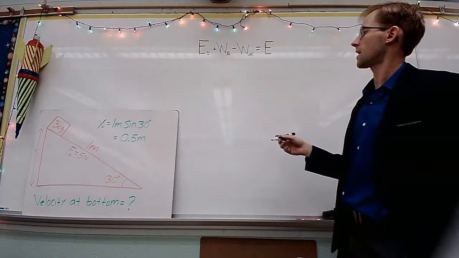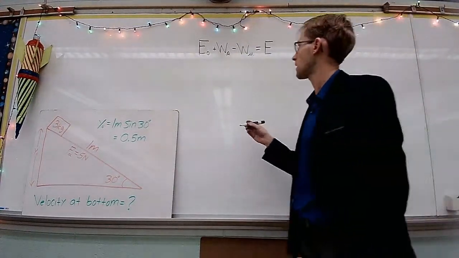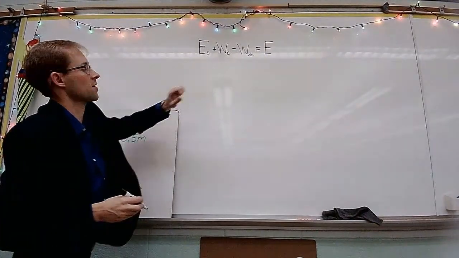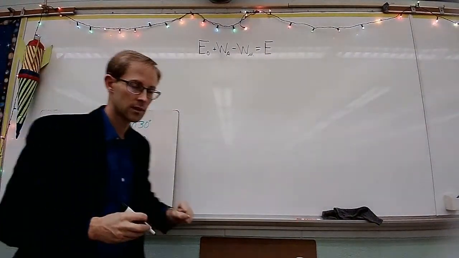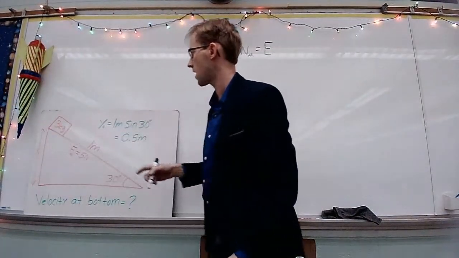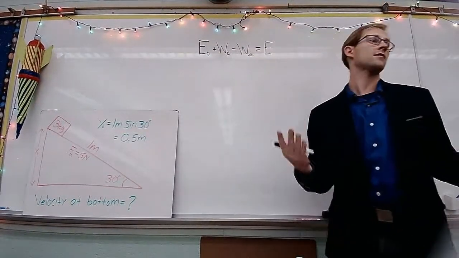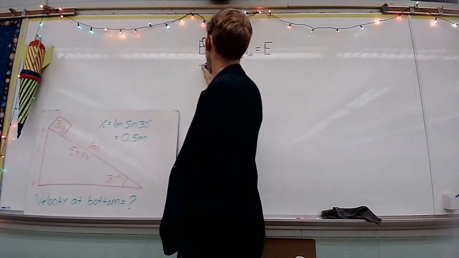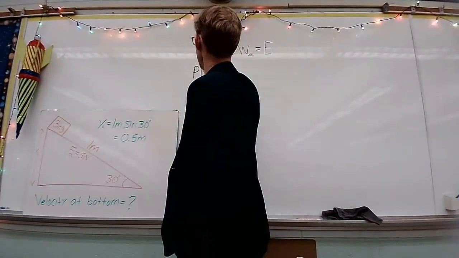So, let's be more specific here. What kind of energy is present at the beginning? Well, it is at rest on top of that incline. Because it is at rest, there is no kinetic energy. All we have for an original energy is potential.